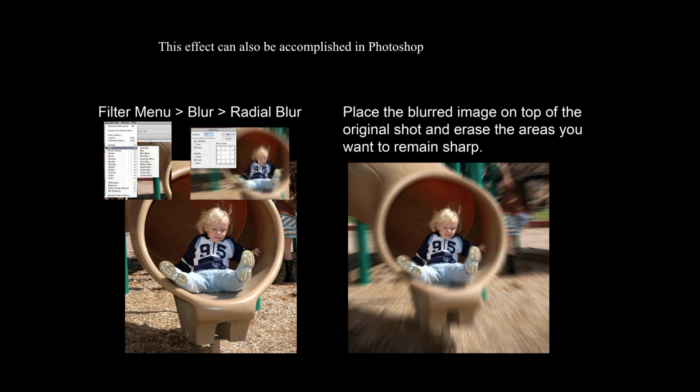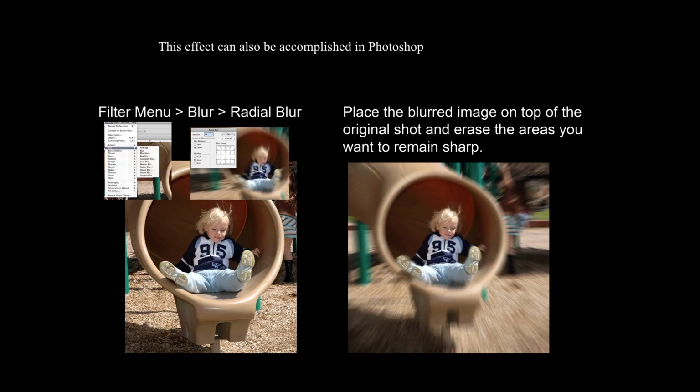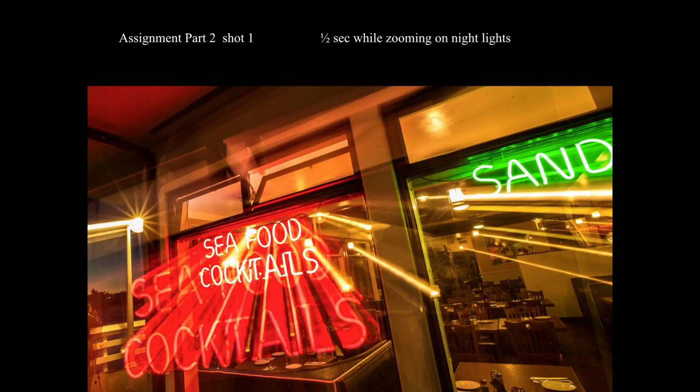This is what the menu looks like. And you can see that the blur was really quite profound, but that layer went on top of the left-hand image, sorry. And so I was able to erase the top layer and leave a center portion that was unblurred. We'll go over that in class.